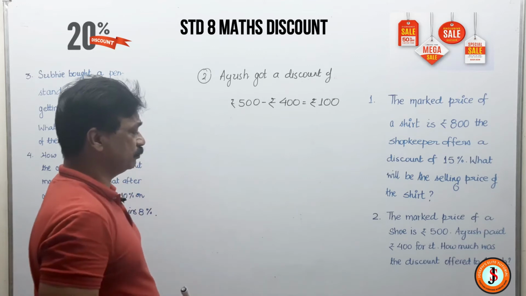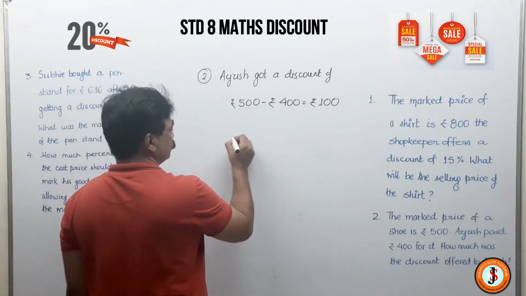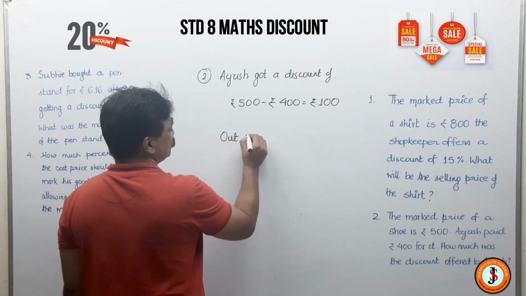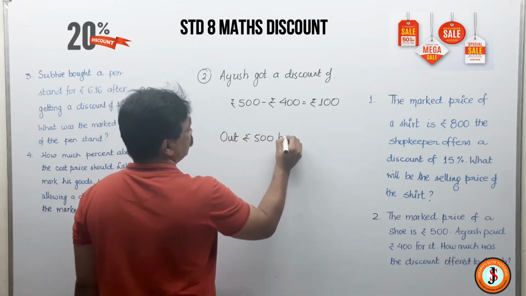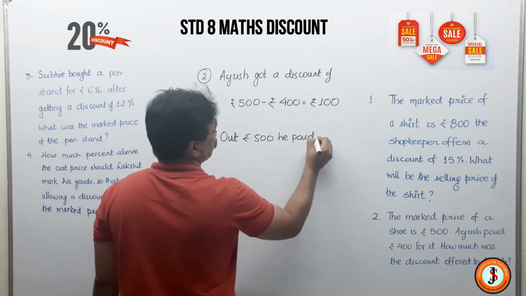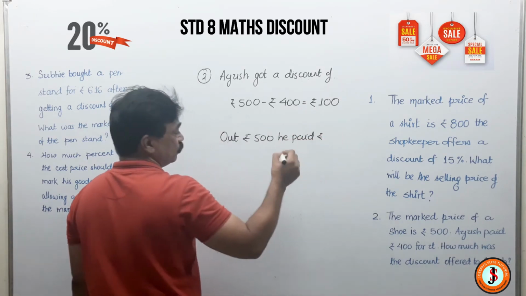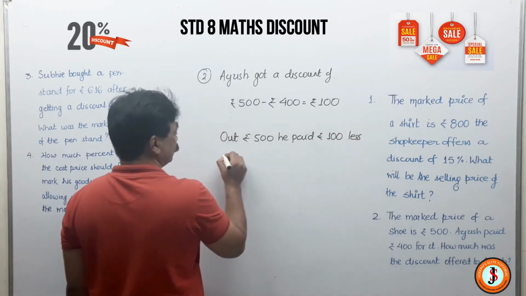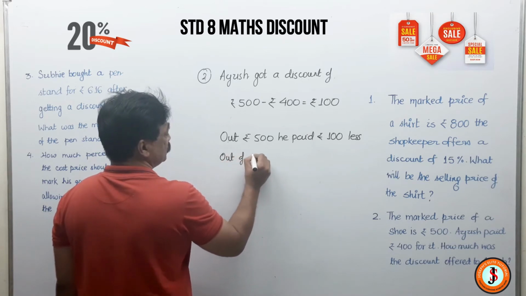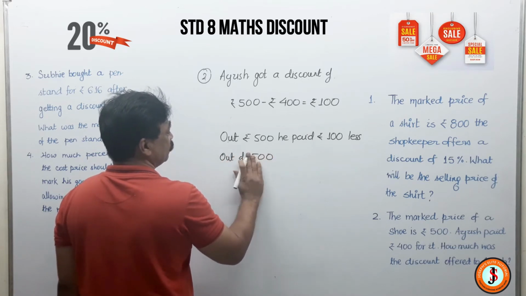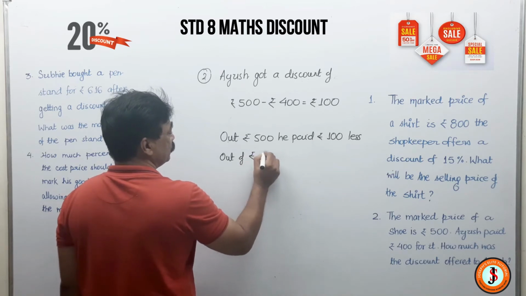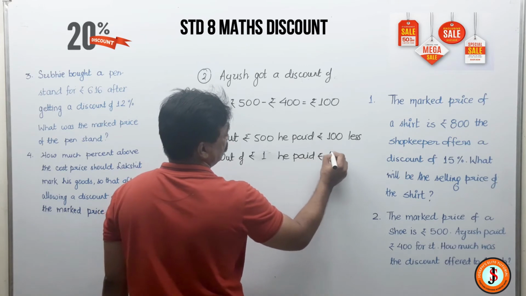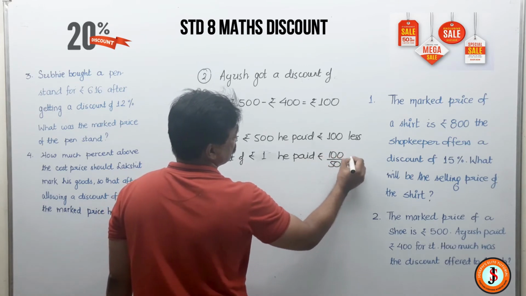Now how much is the discount offered? Discount is always calculated on marked price. So out of rupees 500, he paid rupees 100 less. That is the discount. Out of rupees 1, he paid 100 by 500 less.